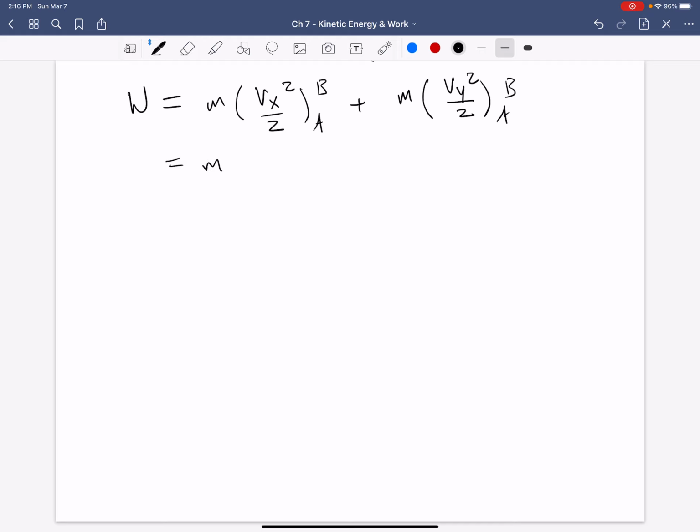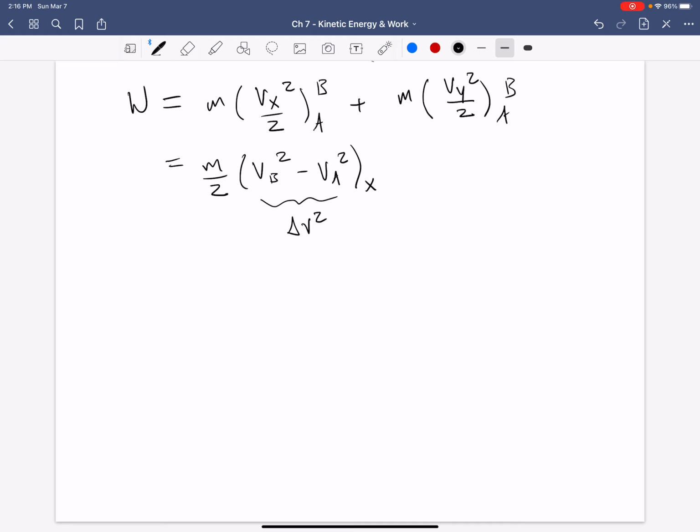And so for the mass, I'm going to bring the 1/2 out. Now we have simply v final squared minus v initial squared. That's all in the x direction, right? So this point B is the final position. Point A is the initial position. Well, that's simply a delta V squared.